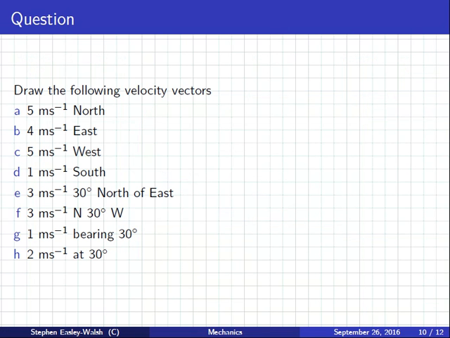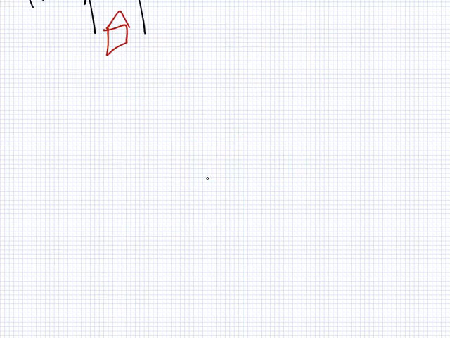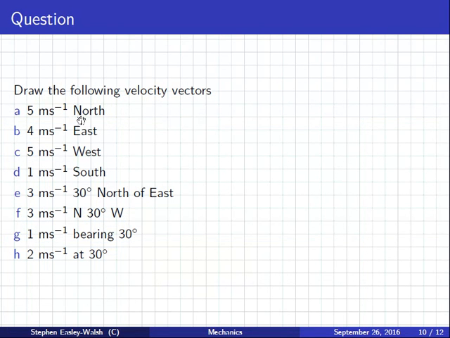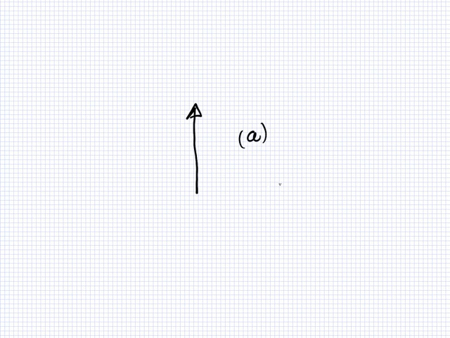Here are some basic questions, just to practice drawing them. Let's draw them together. The first one, 5 meters per second north. So let's draw it here. This could be 5 meters per second north. This is for part A. Then 4 meters per second east, that should be this way, but not quite as long as this one.